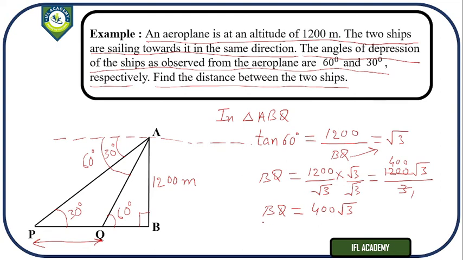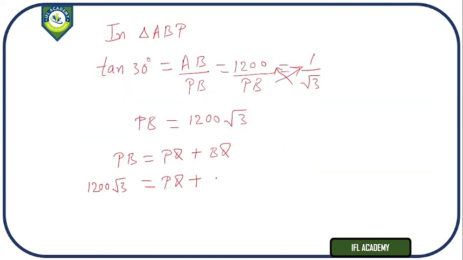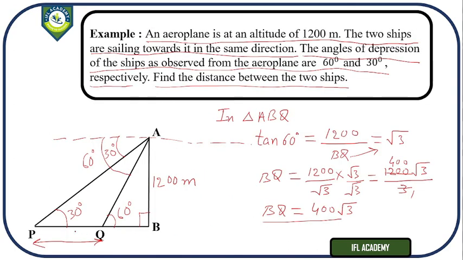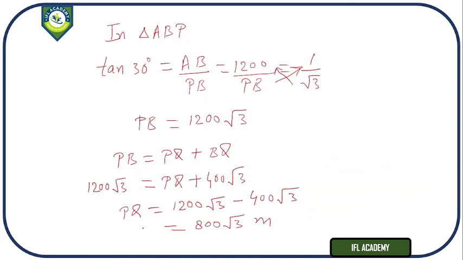BQ is 400 root 3. So PQ will be equal to 1200 root 3 minus 400 root 3, will be equal to 12 minus 4, 8. 800 root 3 meter. So the distance between the two ships, that is PQ, is equal to 800 root 3 meter. This question is solved.